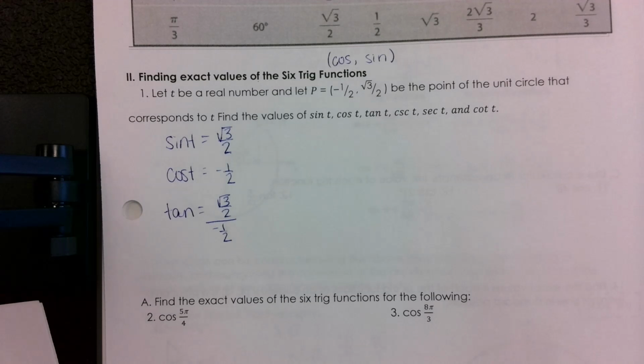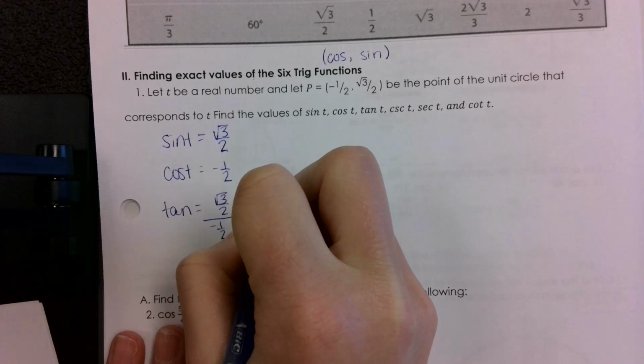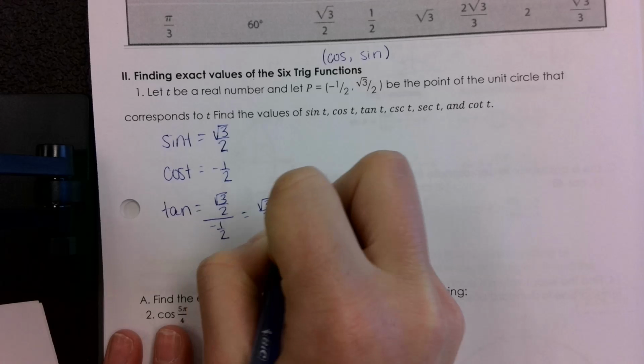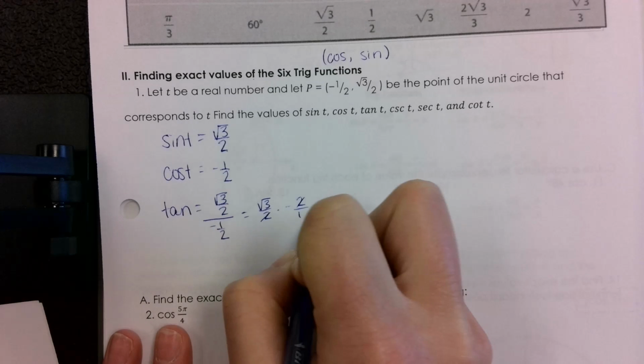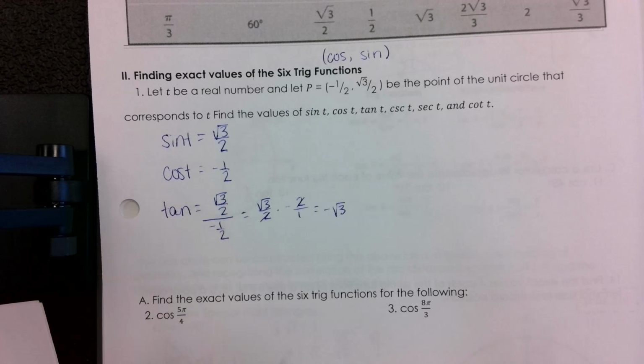Multiply by the reciprocal, right? So we've got square root 3 over 2 times negative 2 over 1. So your 2's cancel, and that's just negative square root 3. Okay?